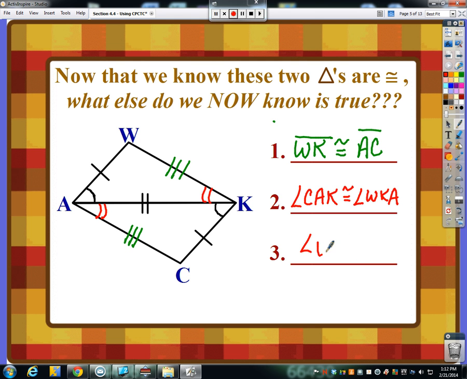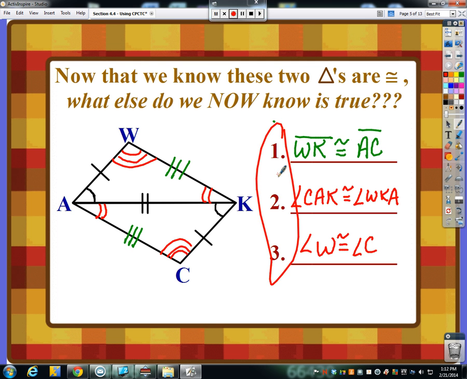And last but not least, we can conclude that angle W and angle C must in fact now be congruent with each other. Again, all this stuff I just wrote over here for 1, 2, and 3, we didn't know was true at first. But now we know it must be true after we've shown the triangles are congruent.